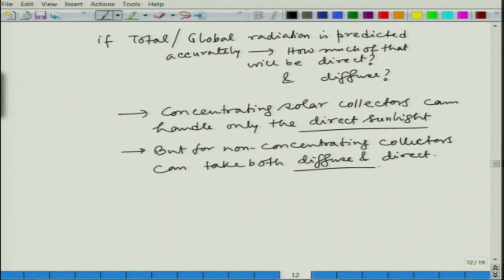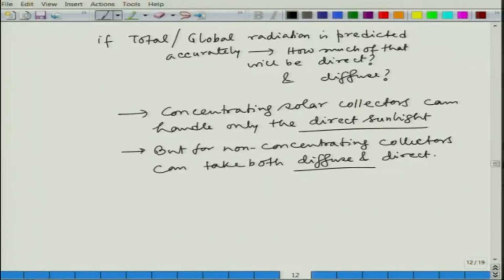It is not only the solar collector that distinguishes between diffuse and direct sunlight, it also determines the heat load of a building, or how much radiation is available to a plant. So, this solar radiation data needs to be predicted for several purposes, and also for lighting.